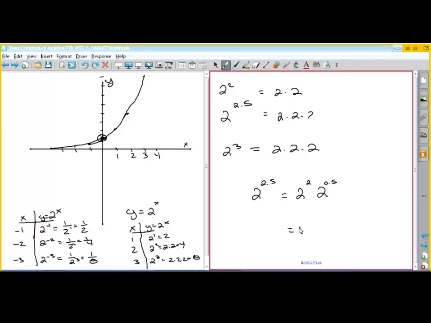You would make it into a fraction, so it's going to be a half. And it turns out when you have a fractional exponent, that is equal to the root, in this case the second root of the value of 2.